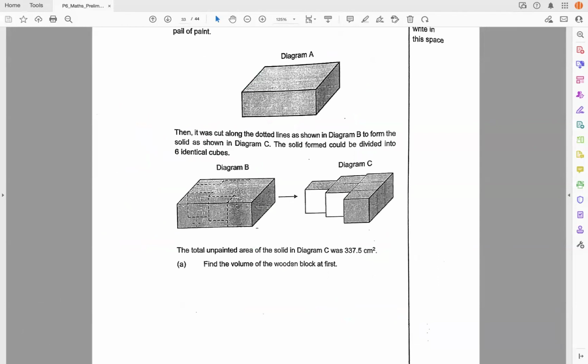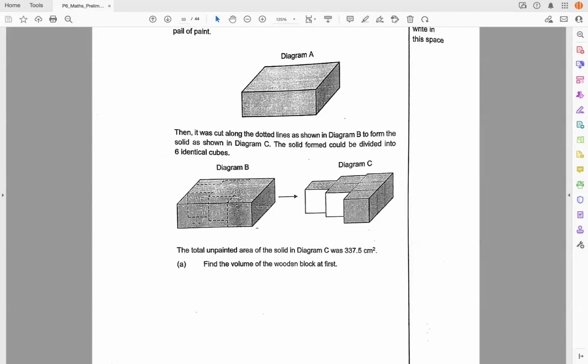Okay. Now, the wooden block as shown in diagram A was dipped completely into a pail of paint. Then it was cut along the dotted lines as shown in diagram B to form the solid as shown in diagram C. The solid formed could be divided into 6 identical cubes.